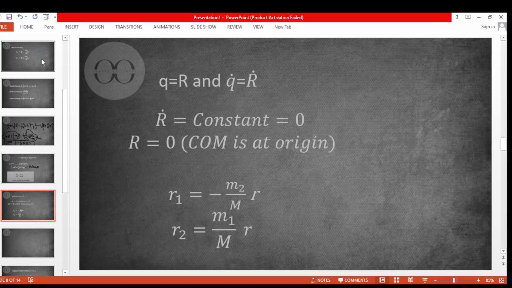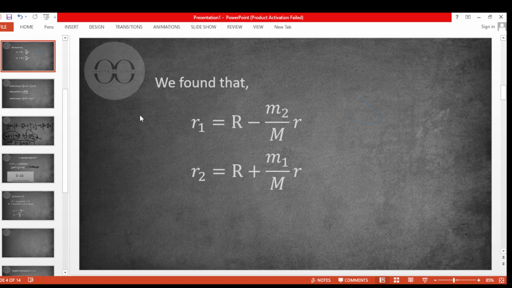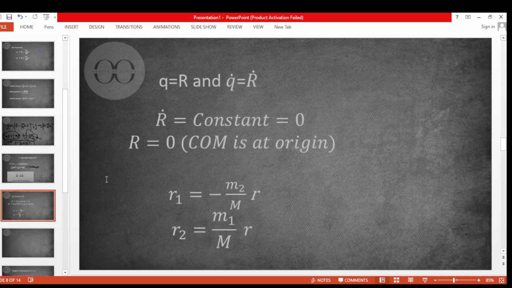In the previous slides we developed some relations between the position vectors r1 and r2 and the center of mass position vector capital R, which were r1 equals R minus m2 by M times small r, and r2 equals R plus m1 by M times small r. So right now we saw that R equals 0.